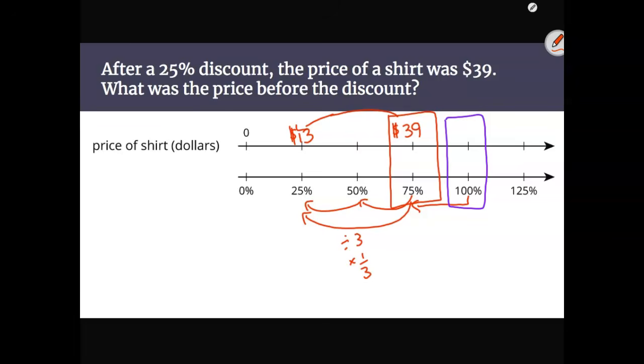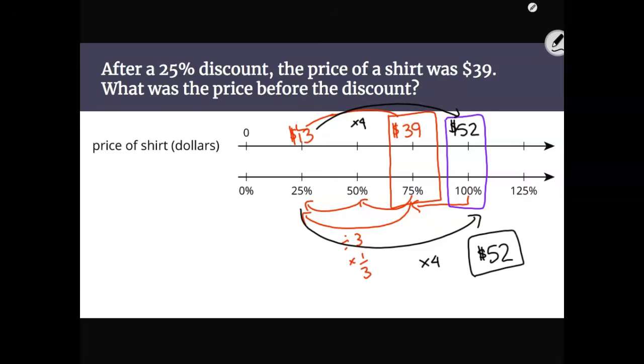So it's $13 for 25% of the shirt. And then I want to scale it up to get to 100%. So I'm going to go here, times 4, times 4. And we can get that it's $52 originally. So this is a good strategy, mental math-wise, to be able to figure out something independently.